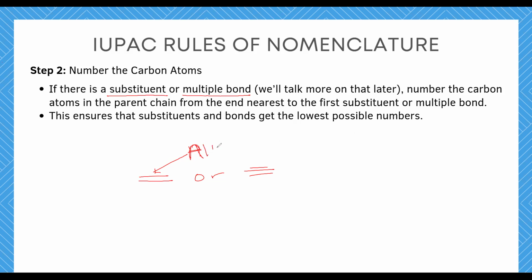Hydrocarbons that have two carbon atoms present, we use the root name eth. But I told you that hydrocarbons that have a double bond inside their structure, they are called alkenes.